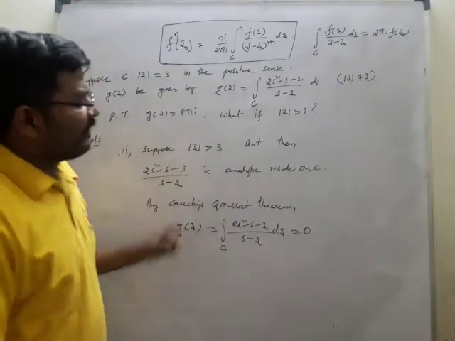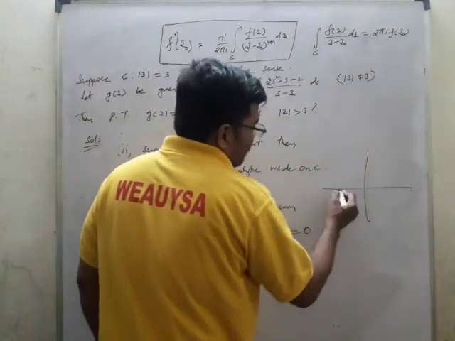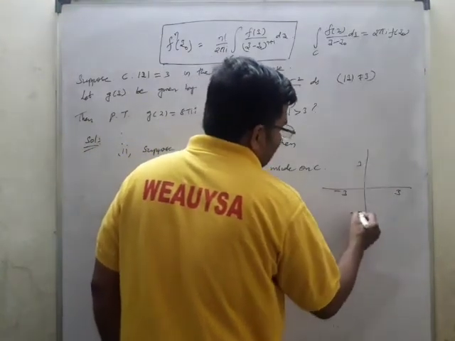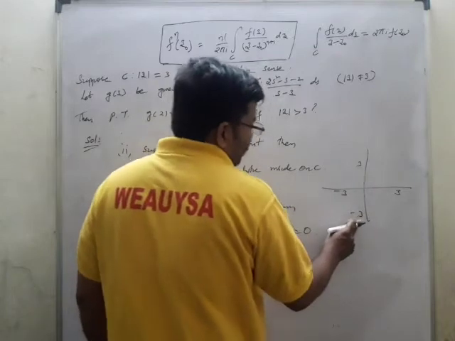Means the point, whichever it is, lies outside. For example, this is 3, this is minus 3, and 3.